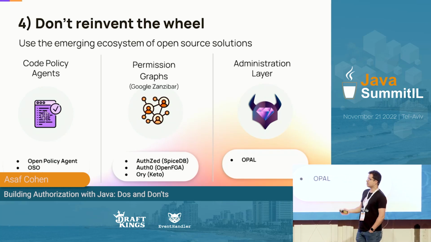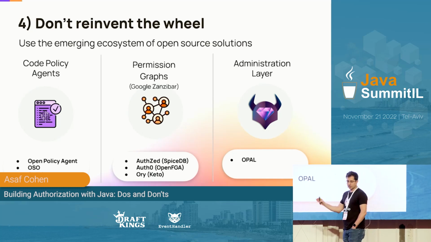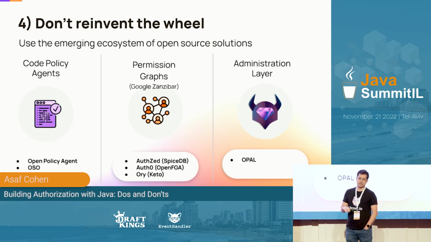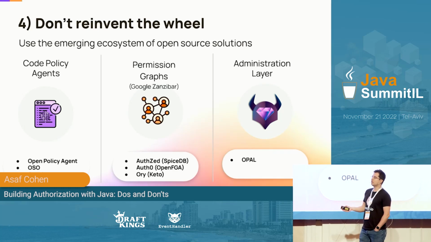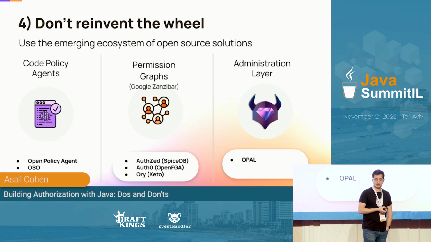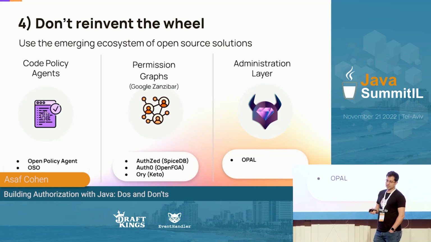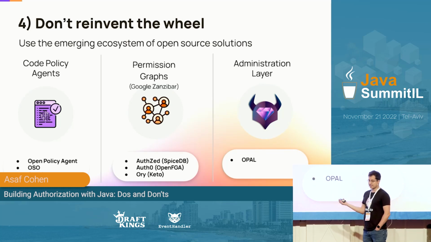The fourth best practice is don't reinvent the wheel. So there's plenty of open source to build upon. I talked a lot about policy agents, code policy agents. So we have OPA, but there's also smaller projects like Casbin. So you can take a look if you're interested in them as well. There's graph-based approaches like Google Zanzibar.